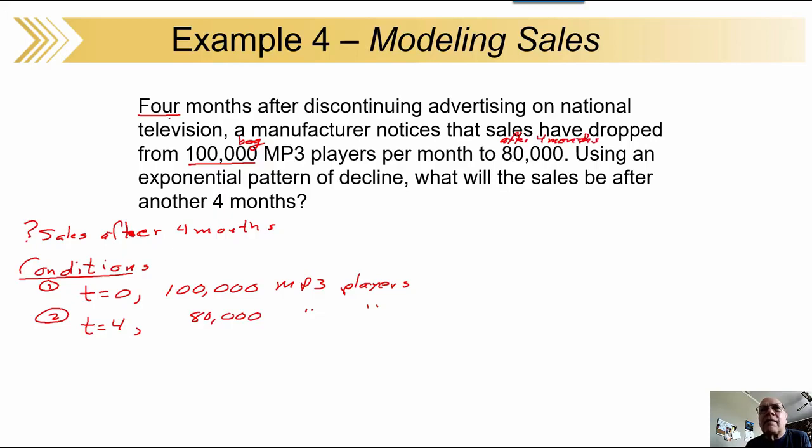Now it says 4 months after discontinuing, it's dropped. Use an exponential pattern. What are the sales after another 4 months? So what we're interested in is what it is at 8, because it's 4 more months. This is what we're actually looking for.